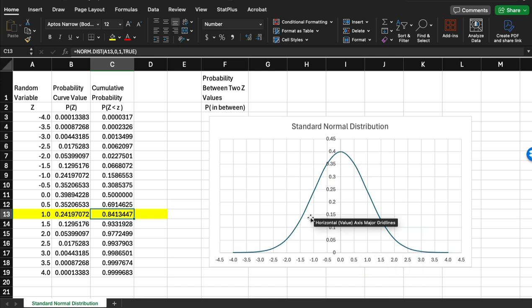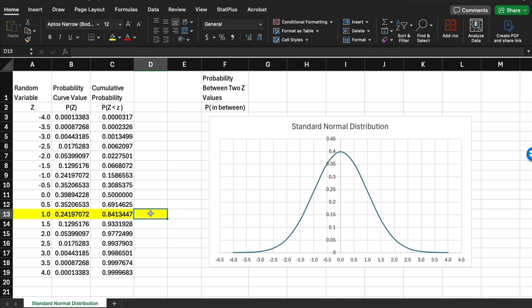It's the total area to the left of z equals 1. And that is the total probability of any of these outcomes of z happening from, as far down as you possibly can get, all the way up to z equals 1. And that's the area under the curve. That's 0.8413447.